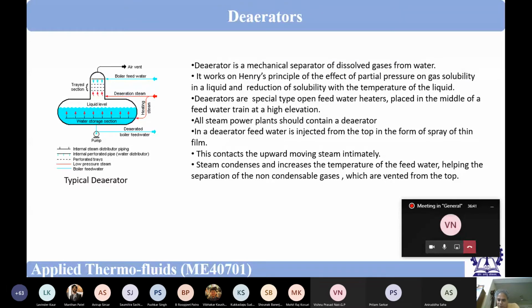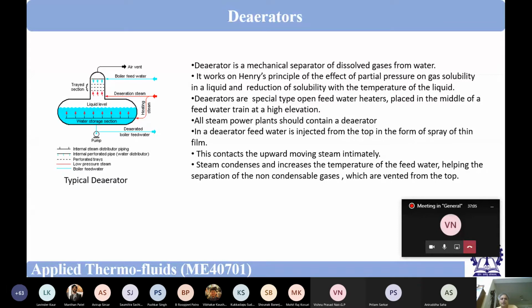If you reduce the partial pressure of the gas at the free surface of the liquid, it is easy to understand that a smaller amount of gas will be soluble. And we know that with pressurization, we can dissolve more gas in aerated drinks, etc. So it is something like that.